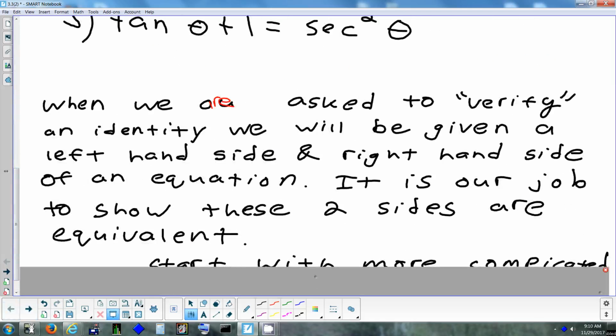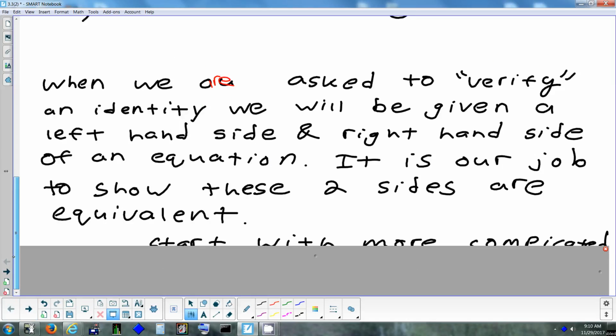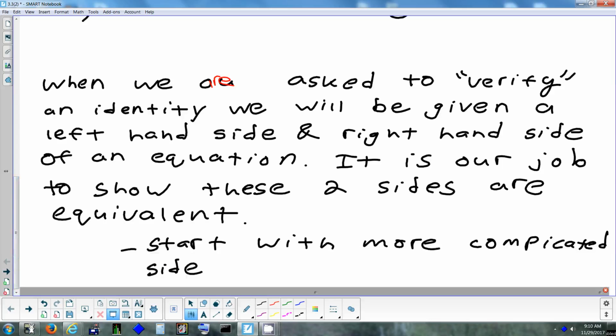So your goal is to simplify one side so that it looks the same as the other, just like you did in the homework. And start with the more complicated side. If both sides look like they're about the same level of complication, then start with any side you want. But what I would always do is pick one side to work with and don't mess with the other side.